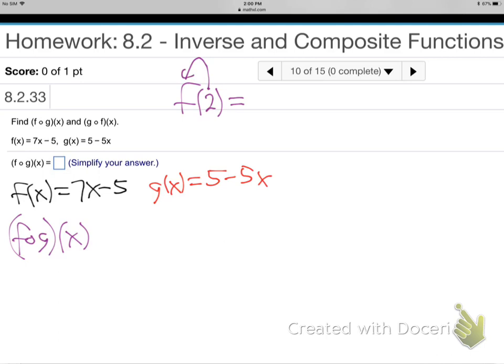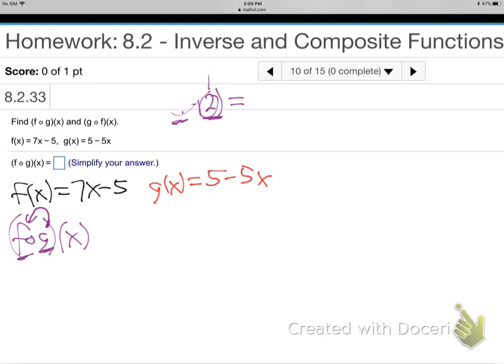Right? So notice, function notation always takes the thing on the right and plugs it into the thing on the left. That's what function notation always does. So it's no different here. I'm going to take the g on the right and put it into the f on the left. Function notation is always right into left. So if 2 goes into f, then g goes into f.